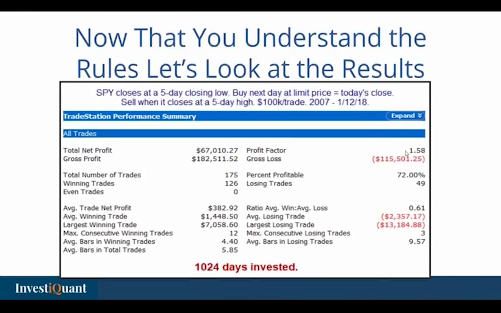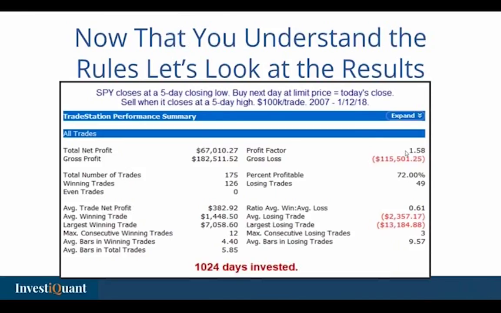So if two systems make the same amount of money over the same amount of time, let's say $10,000 over the course of a year, one of them does it by having $20,000 in gross profits and $10,000 in gross losses. That would be a profit factor of 2. It's generally regarded as pretty good. If the other one did it with $100,000 in gains and $90,000 in losses, that would be 100 divided by the 90, which is 1.1111.